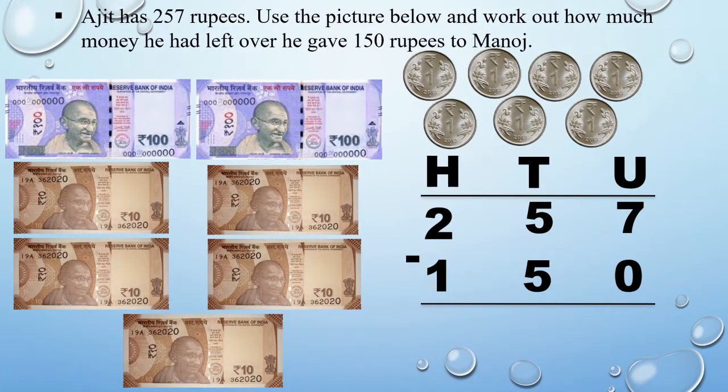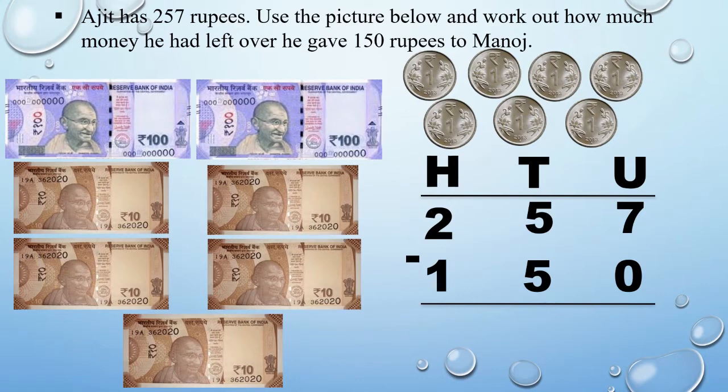Students, now let us move to the next one here. Ajit has 257 rupees. Use the picture below and work out how much money he had left over. He gave 150 rupees to Manoj. Ajit has 257 rupees, right?